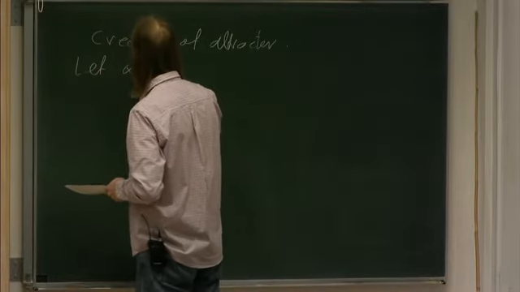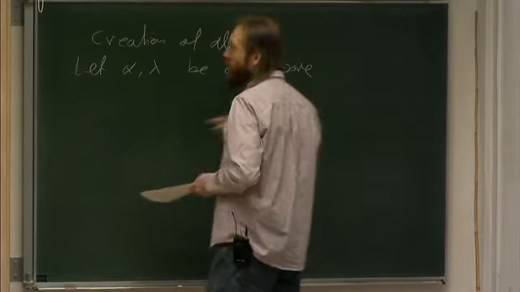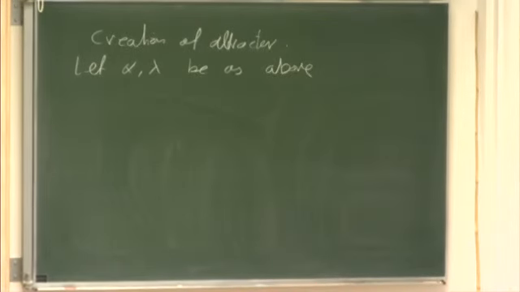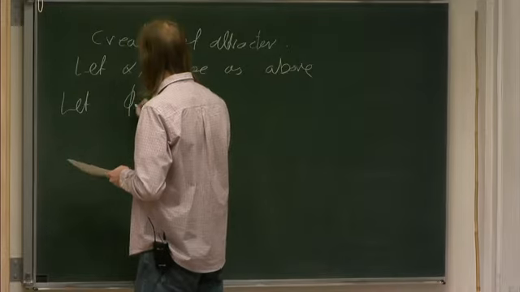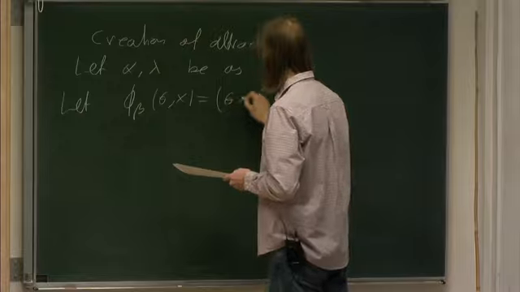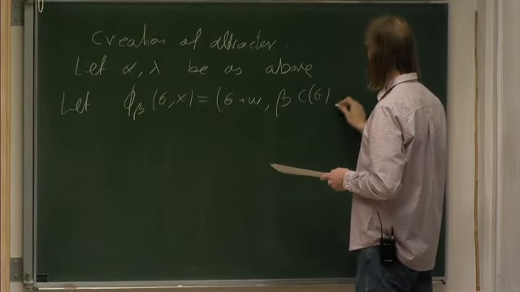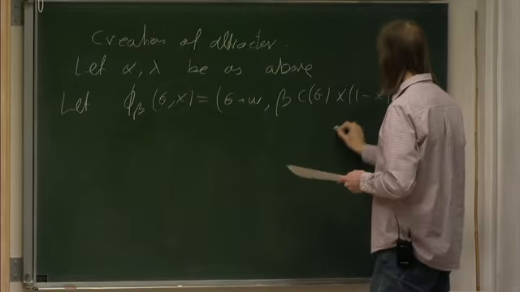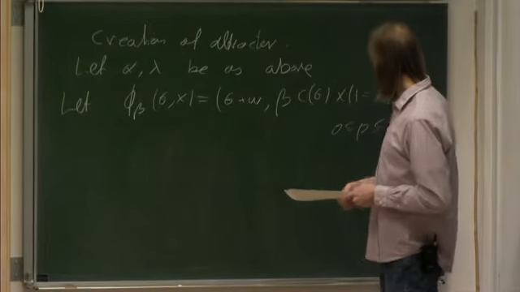So let now alpha and lambda be as above. So we fix lambda sufficiently large, and we fine-tune the alpha, and then we do the following. We let theta of beta be the following thing. So we take theta plus omega, and we put a beta in front of this, where beta will be a new parameter, which is between 0 and 1.